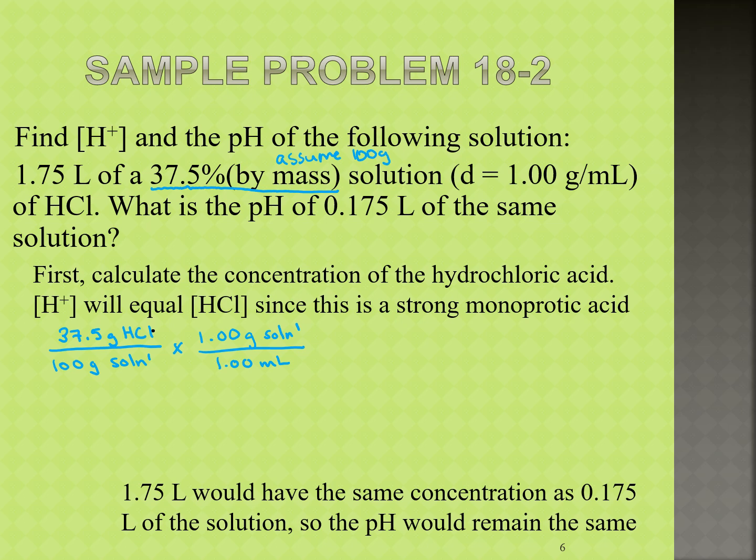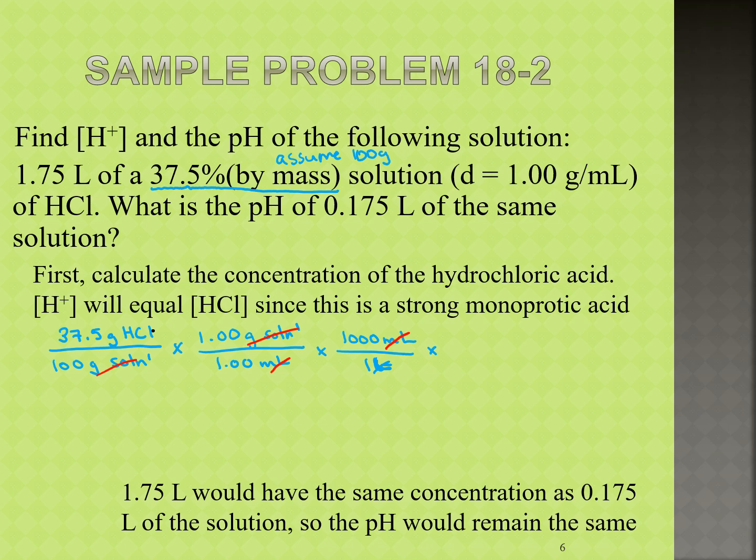Now what we can do then is convert that into liters, where we have 1,000 milliliters for every 1 liter. And finally, let's see where we're at here. Oh, my liters are still okay. My milliliters have canceled, my grams of solution have canceled. I have grams of HCl per liter, but I need molarity. I need moles per liter.